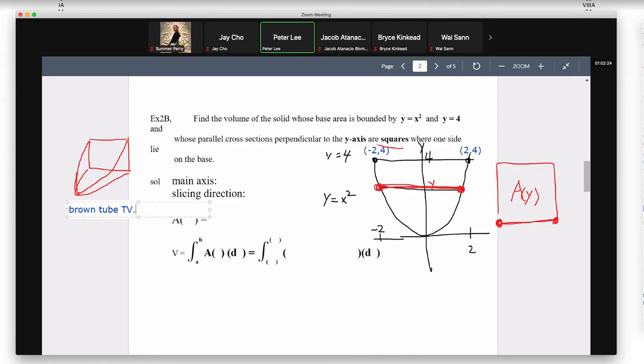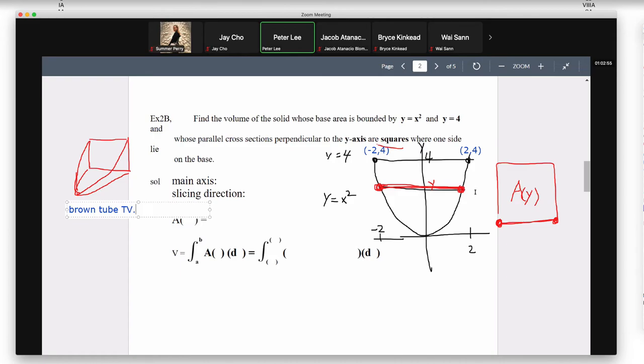If you know what these are, that means you're old. If you've never seen these, that's a good thing. That means you're young. Brown tube TVs are like a TV, and then the back is very thick, and they usually have that kind of shape.